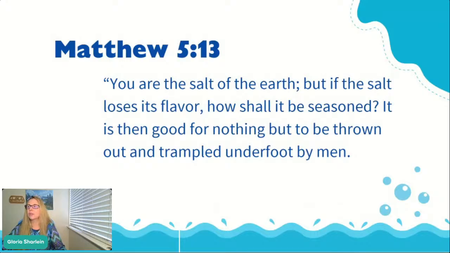We are the salt of the earth; we give flavor to the earth. Salt is very important for preserving, for flavor, and for so much else. I just love Matthew 5:13.